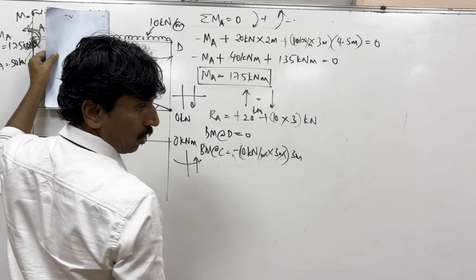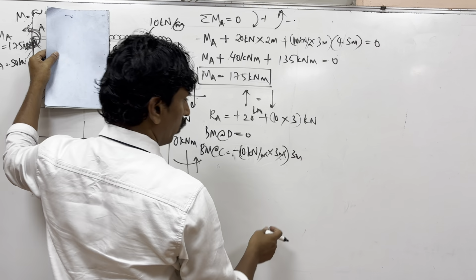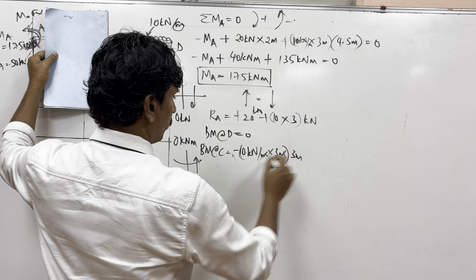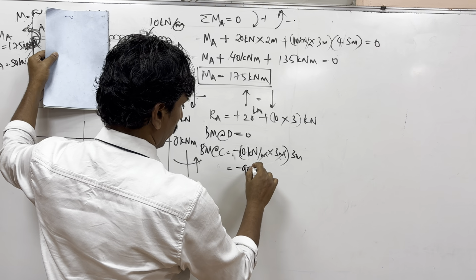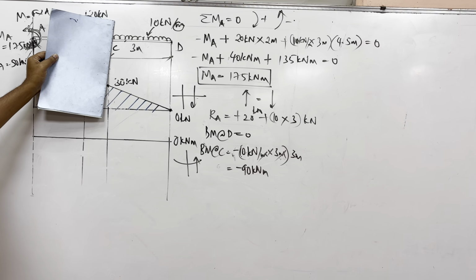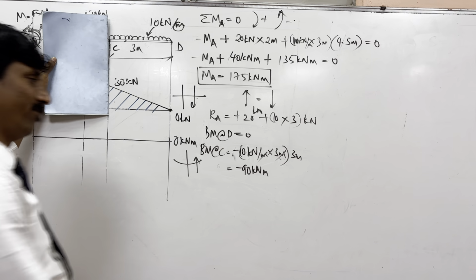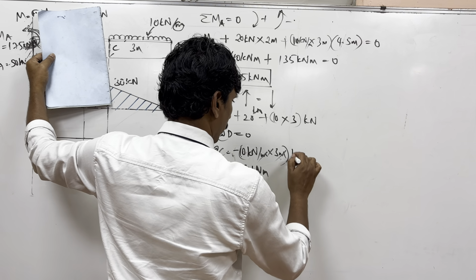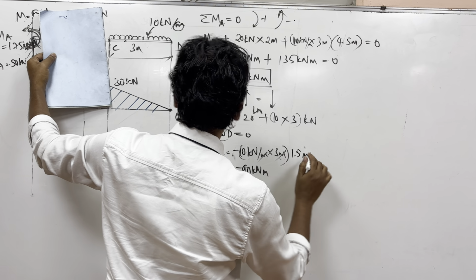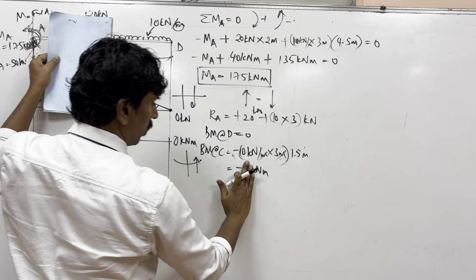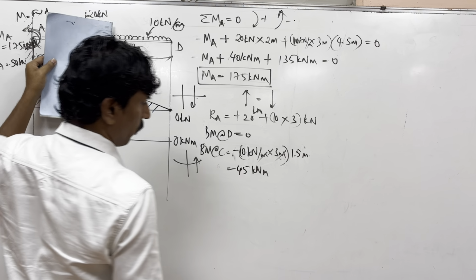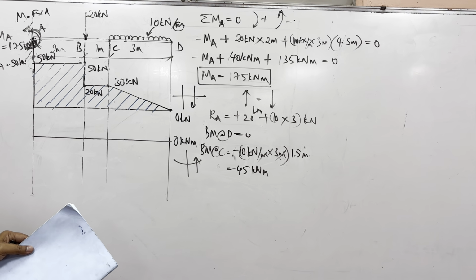What you have got is 30 kilonewton into 3, 90, and then that's it. So it is minus 90. That should be 1.5, sorry. 1.5 meter. The whole UDL acts at half the distance, so it is minus 45 kilonewton meter.